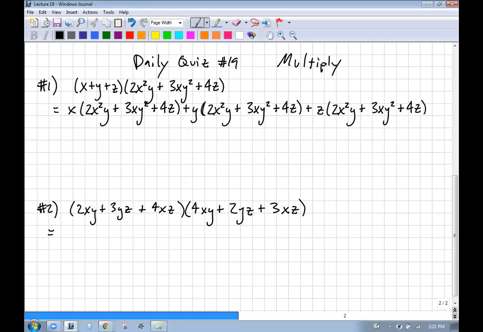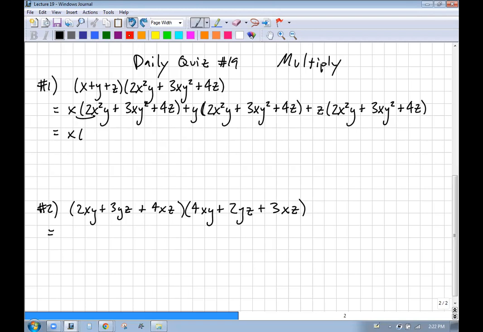This times this, plus this times this, plus this times this. The x, the y, and the z all times the same big pile of stuff. So we have an x times this, times that, and times that.